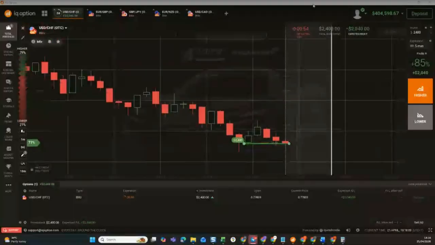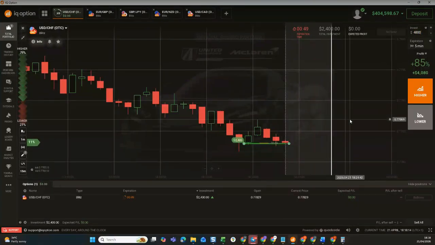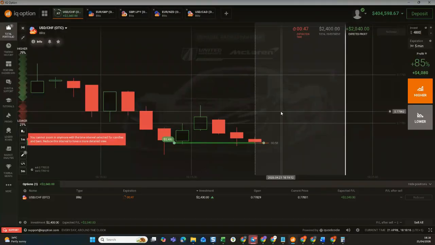This is also very close, so let's get ready for the last martingale level on this one also. This is also very, very close. Also very close, in 40 seconds, so let's see.